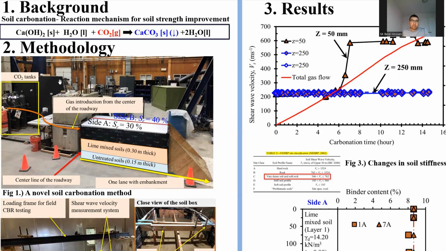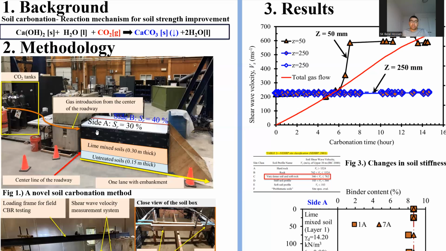So in this figure, you can see a 2-meter long box that represents one lane of the roadway and 1 meter in width that represents unit length along the longitudinal direction. The soil layer is 10% lime mixed soil, which is 300 millimeter thick, and the underlying untreated soil is compacted at the same density, and it's 150 millimeter thick.